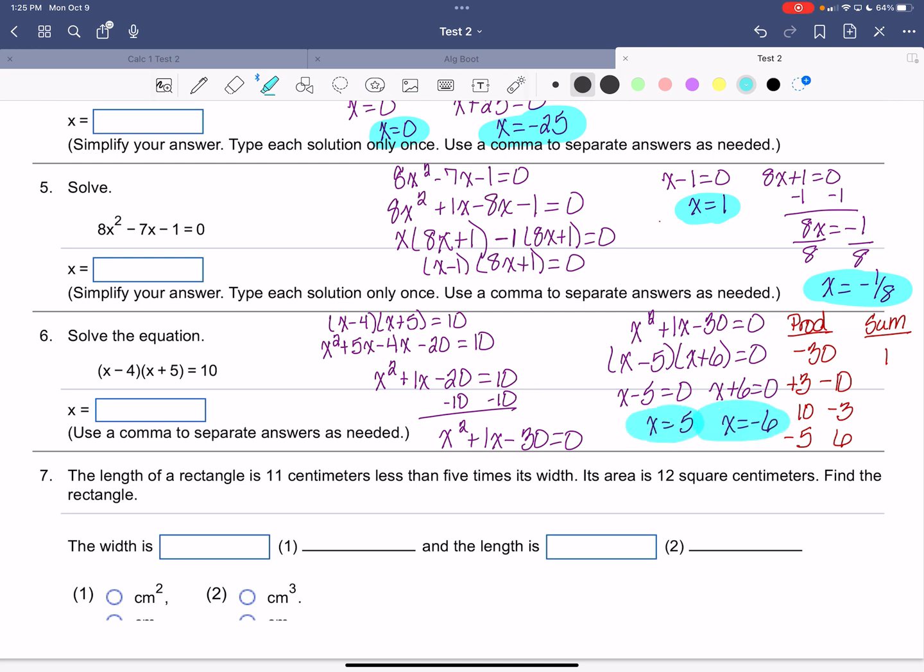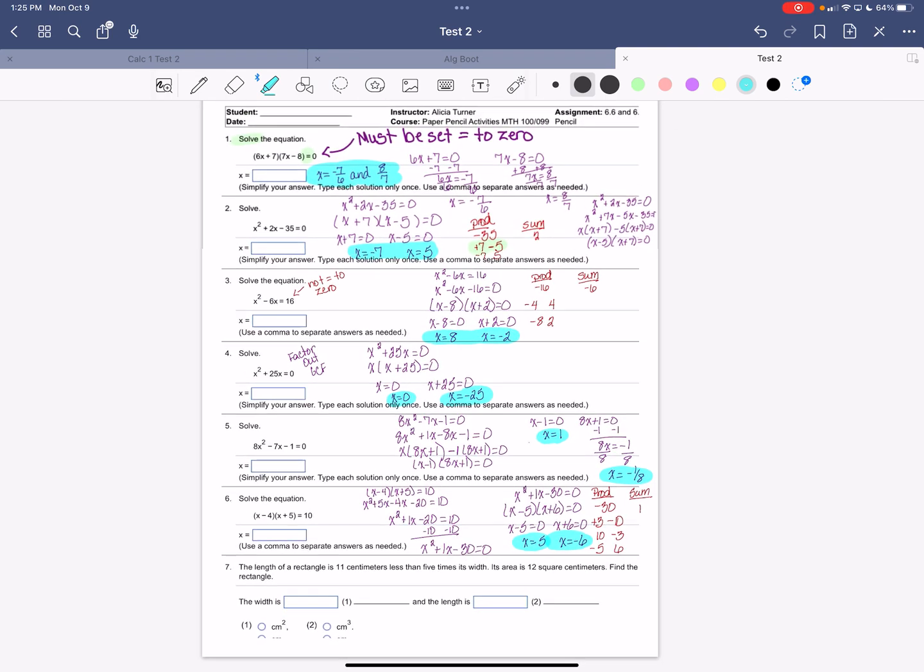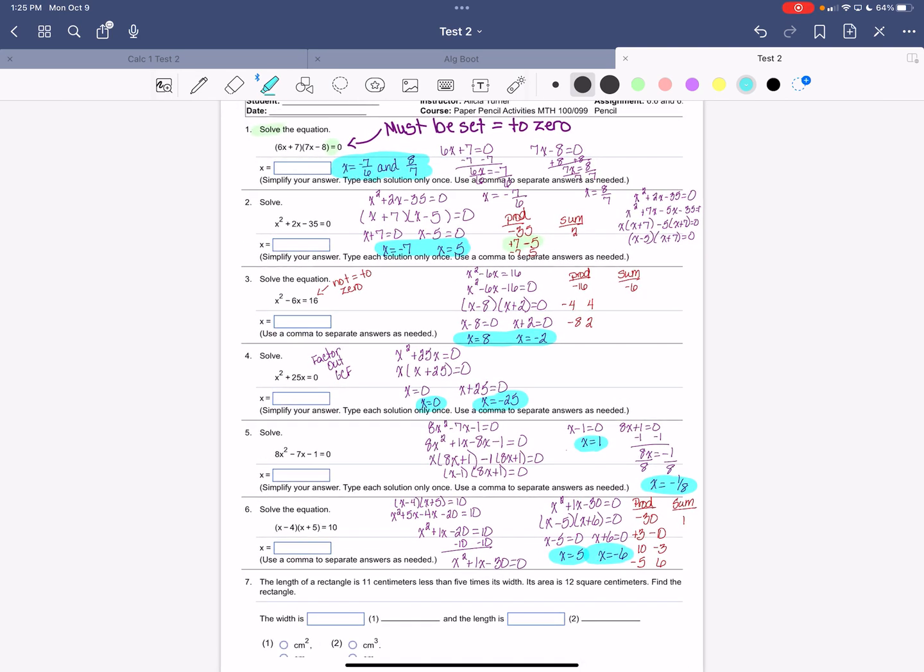I'm going to pause right here. Do you have any questions on solving these equations? We're feeling pretty good about that? Okay, now we're going to do a couple of word problems.